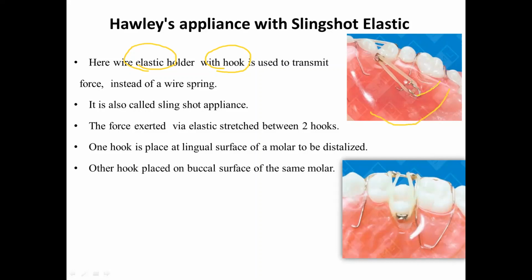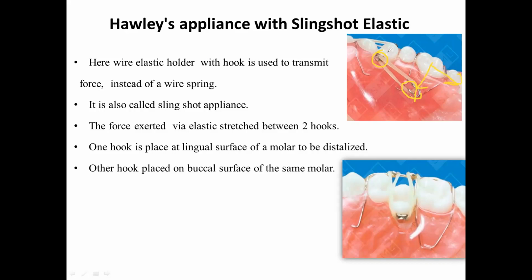We have an Adams clasp. You see here in this acrylic plate, we have incorporated some hooks. And those hooks, I'll click this hook. And there is another hook. You see here, this hook is placed near the molar tooth, which needs to be distalized.